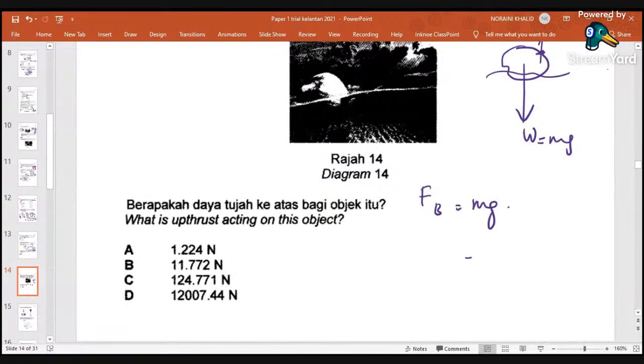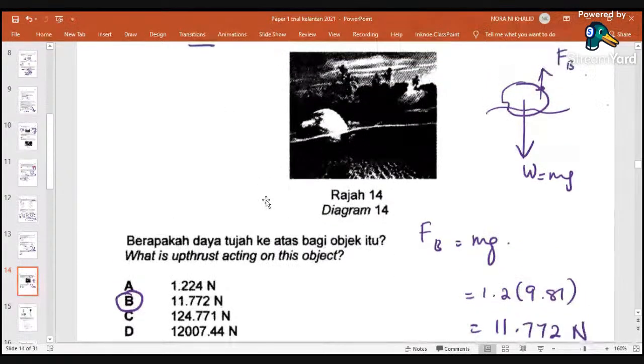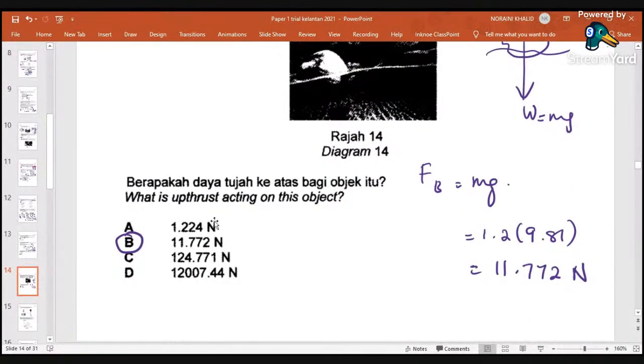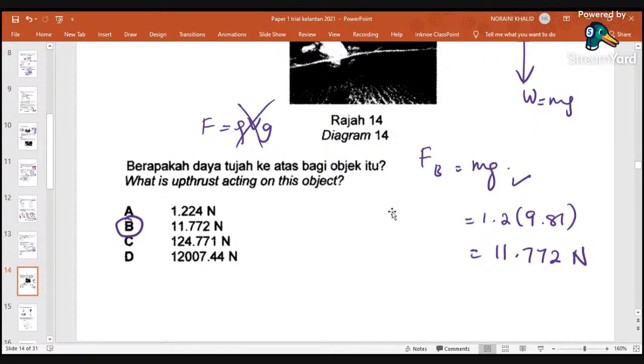The mass is 1.2, times 9.81. We get the answer 11.772 Newton. No need to use the density information. You cannot use the formula with density times volume times g, because we don't know the volume of water displaced. So we use this relationship.